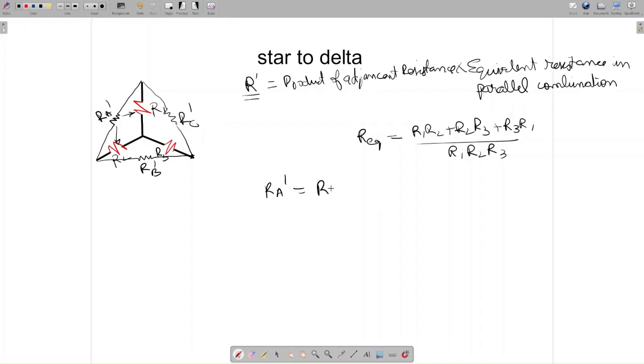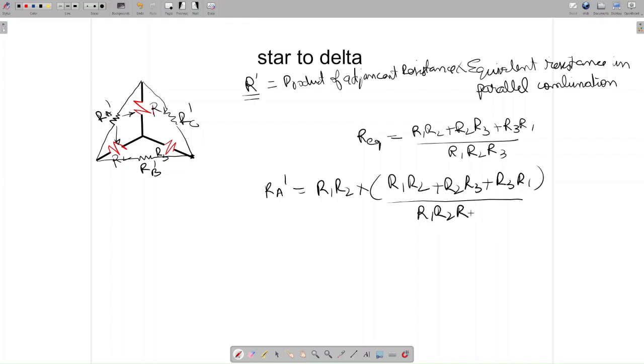So it will be R1 R2 into the equivalent resistance, R1 R2 plus R2 R3 plus R3 R1 divided by R1 R2 R3. R1 R2 gets cancelled, so it becomes R1 R2 plus R2 R3 plus R3 R1 divided by R3. So this is the equivalent resistance.